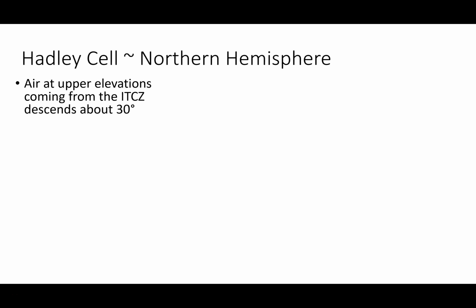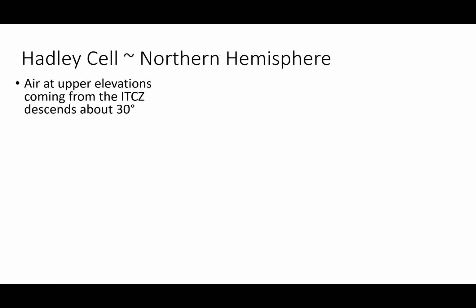That air rises, the tropical convergence zone, hits the tropopause, and part of it goes this way, and of course part of it goes this way. We're worried about this guy. Now, as it goes about 30 degrees, it's got a ring of air that used to be this big, and now it's this big. So that ring of air is bunched up, and actually that ring of air descends about 30. And that finishes what we call the Hadley cell.